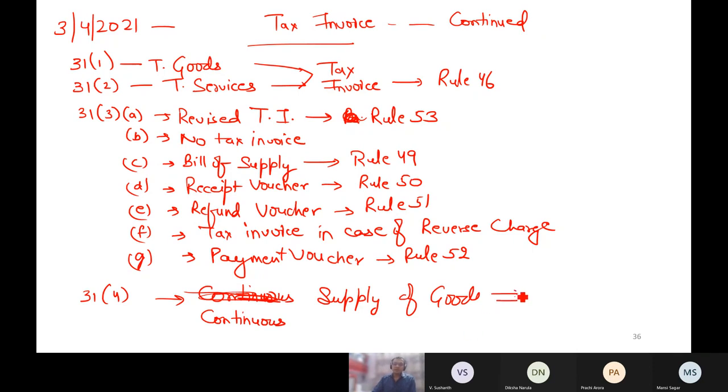So what is the last date in case of continuous supply of goods? So let me tell you what is this continuous supply first.